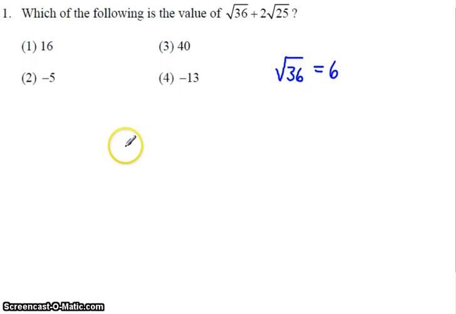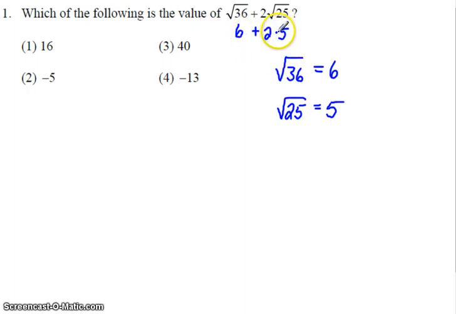And the square root of 25, again, is just 5. So really this is 6 plus 2 times 5. Well, 2 times 5 is 10, 6 plus 10 is 16. So that's our answer.